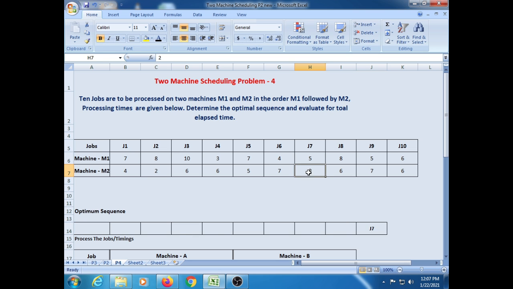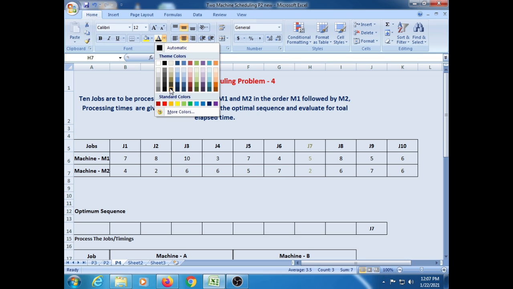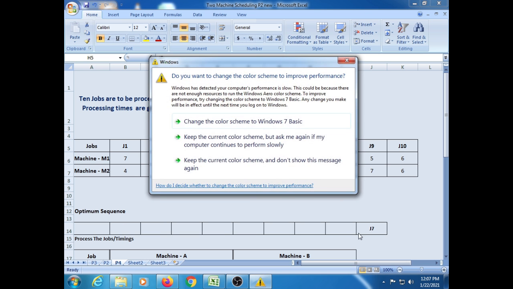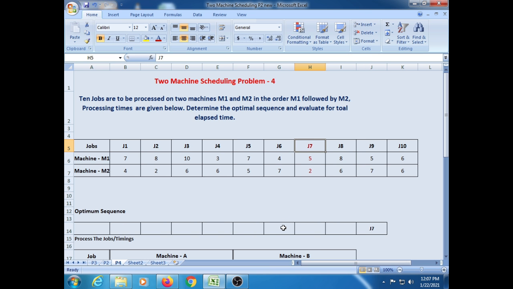After that, I'm changing the color of this job 7 processing times, so we can easily understand. Once a job is placed in the optimum sequence, it is never placed again.